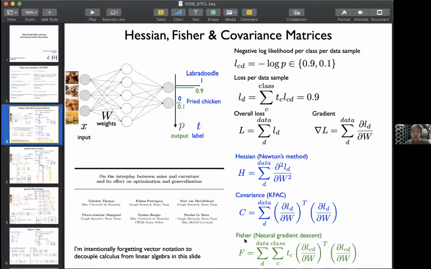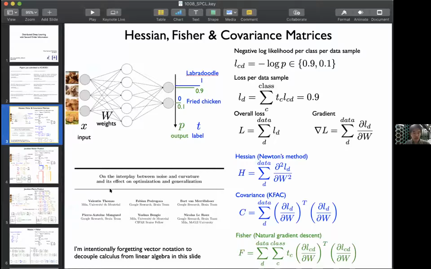But anyway, the equivalence of the Hessian and Fisher will be shown later. So it's not a mistake to call the Fisher a second order method, because it's equivalent to using the Hessian.